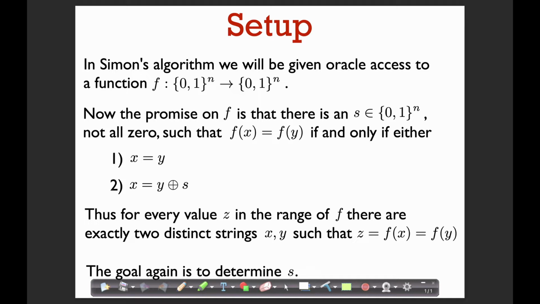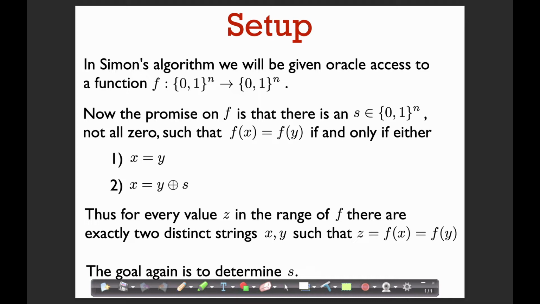What this means is that for every bit string z in the range of f, there are going to be exactly two strings that f maps to z. So again, this is a very strong promise on the structure of f. And our goal in Simon's problem is to determine what s is.